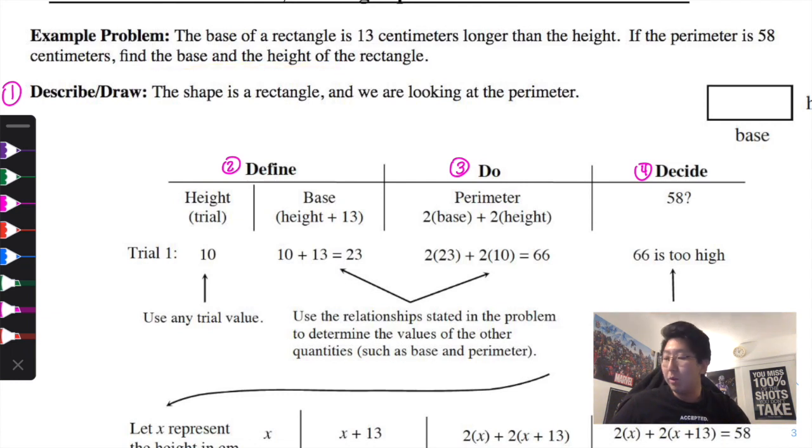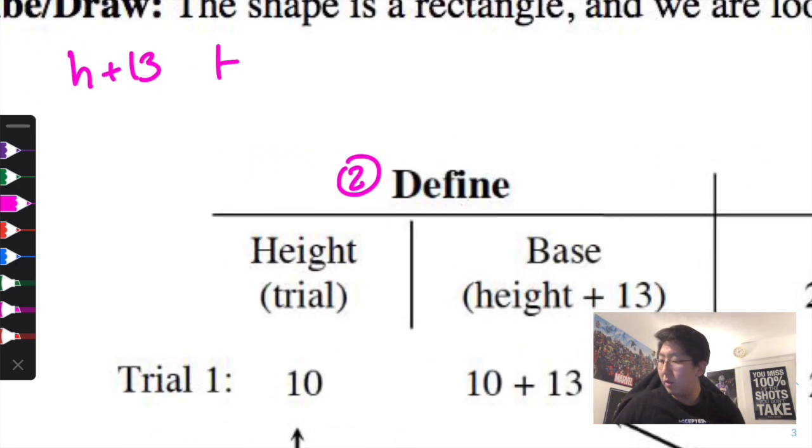So we have these two parts, and one of them is described. Let's read that first sentence again. The base of the rectangle is 13 centimeters longer than the height. If you remember, 13 centimeters longer than the height would be h plus 13, so we could draw that out: h plus 13.